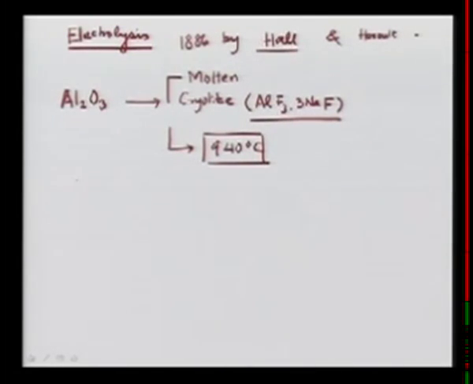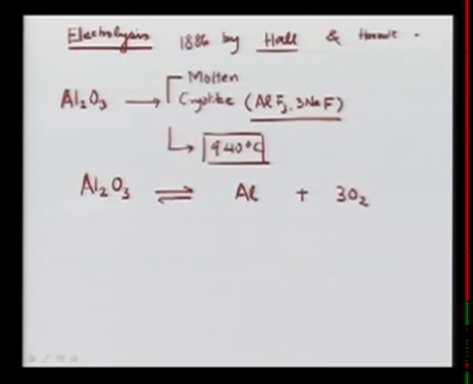Then let's talk about the electrolysis process. Al2O3 is in the dissolved form now, and we are going through the electrolysis process. It will produce aluminium, and it will produce oxygen. Let's also balance it as we go by.